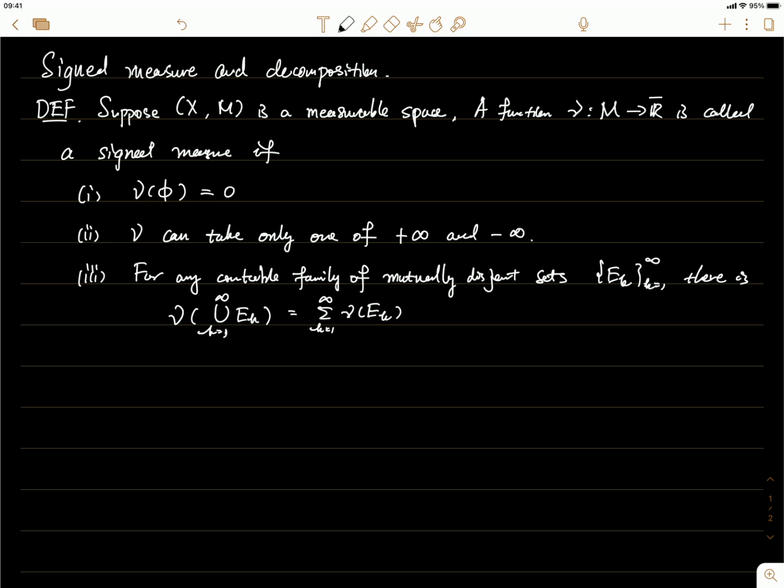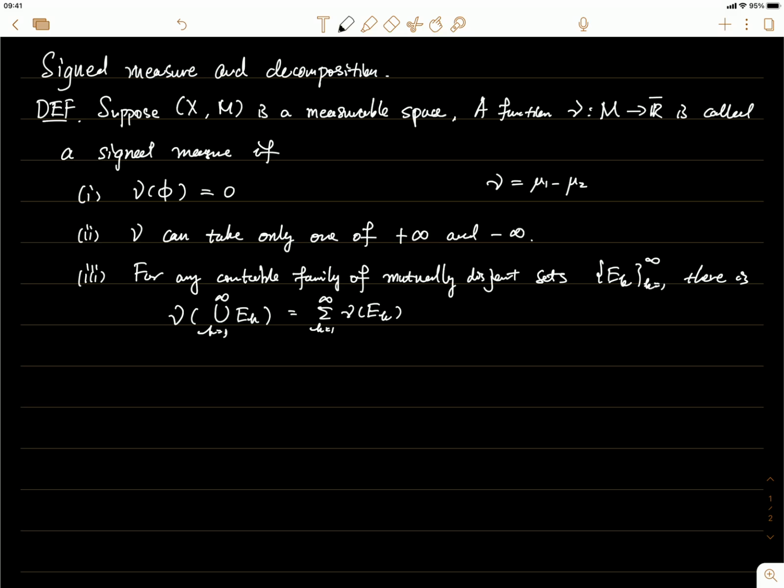And the second condition here, as I said, you can basically think of nu as mu_1 minus mu_2, where mu_1 and mu_2 are two measures. If both of them take positive infinity, then the difference will not make sense. So we require one of them to be a finite measure, so it takes only finite values. In this case, we could have positive infinity minus some finite number, which is still positive infinity.